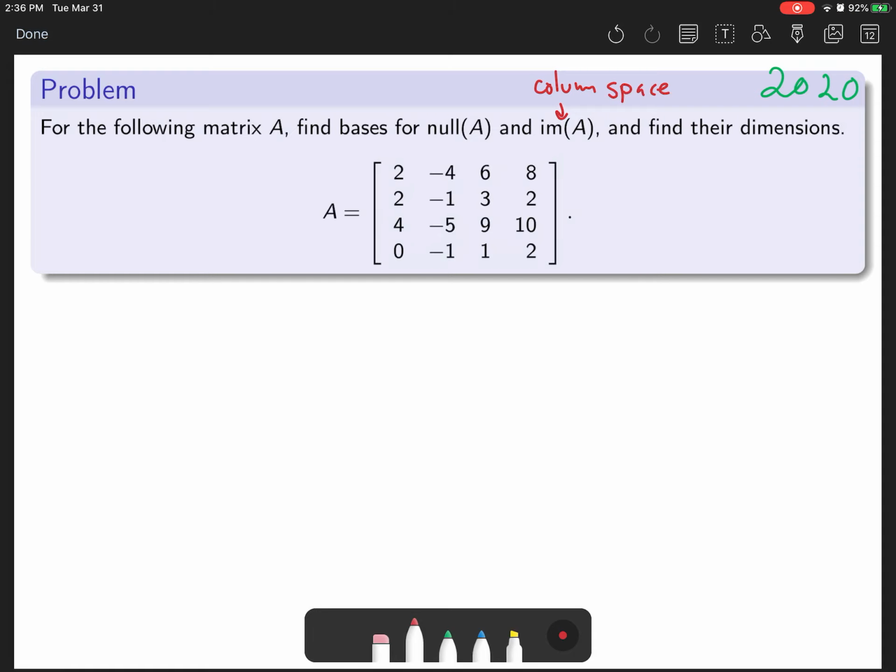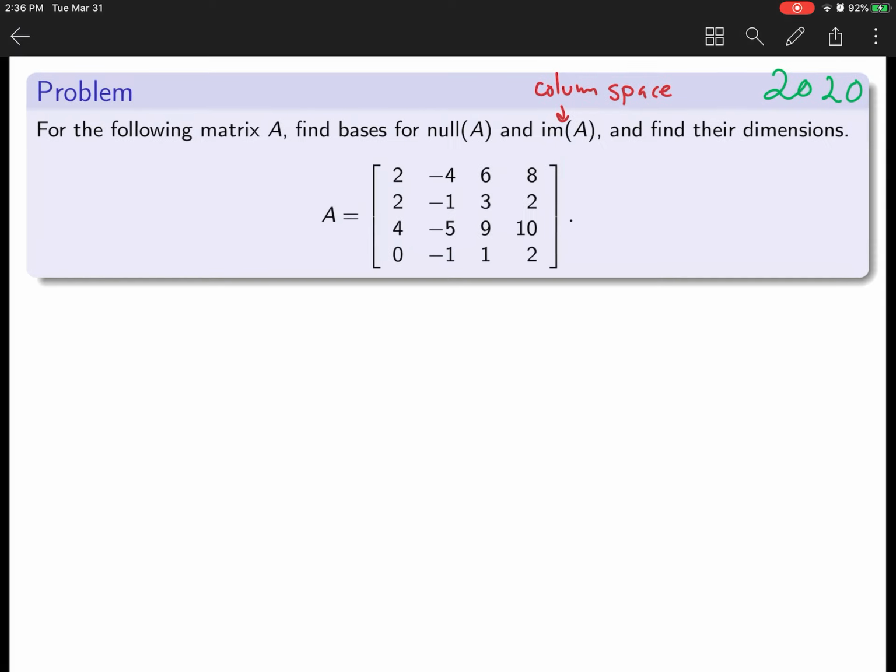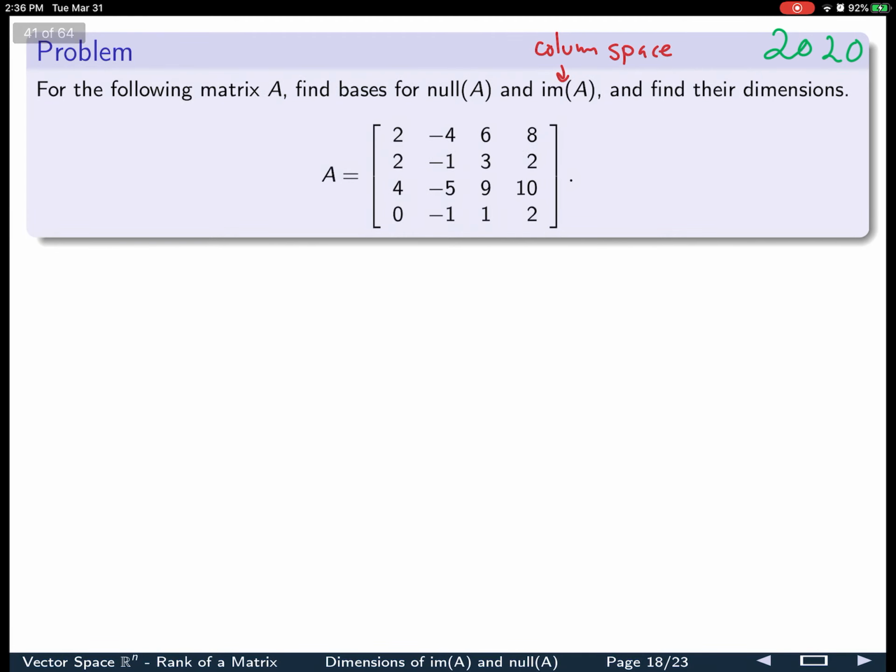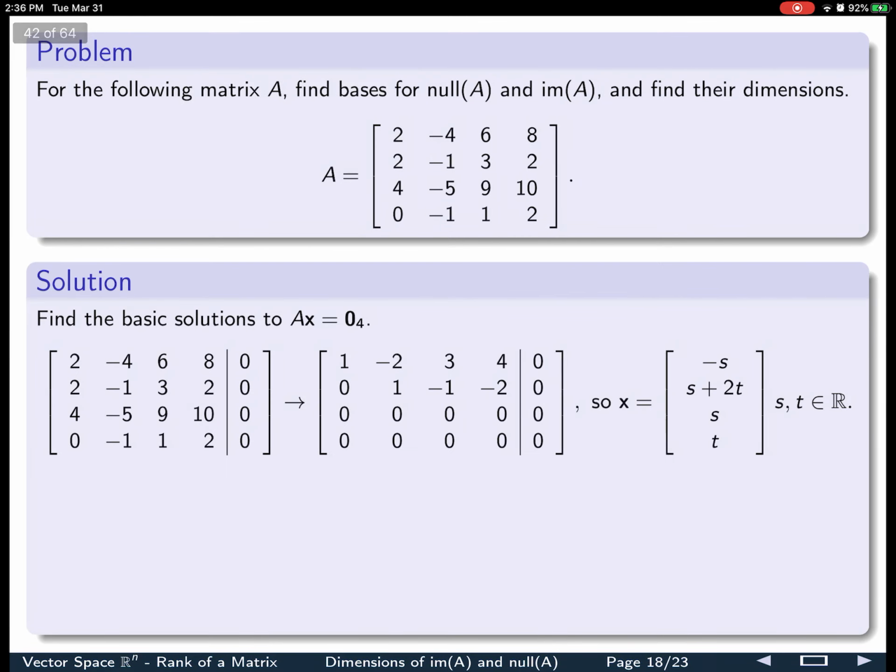So here we go. This one's just a little bit different because we're finding the null space now. So again, we would set up this homogeneous system here where we've got 0 on the right-hand side, the 0 vector on the right-hand side. We would row reduce and put our solution into parametric vector form.